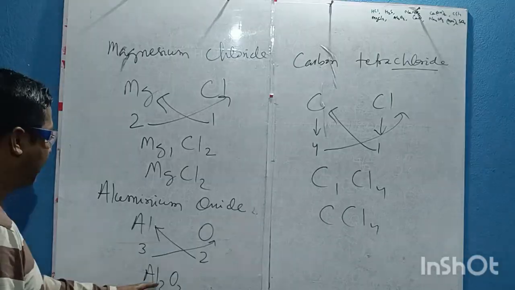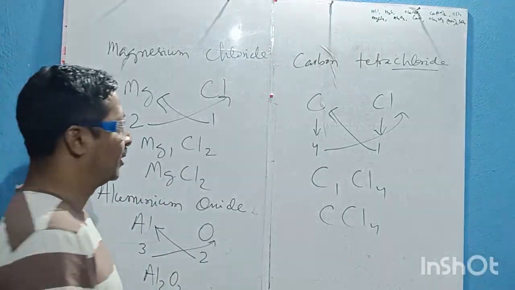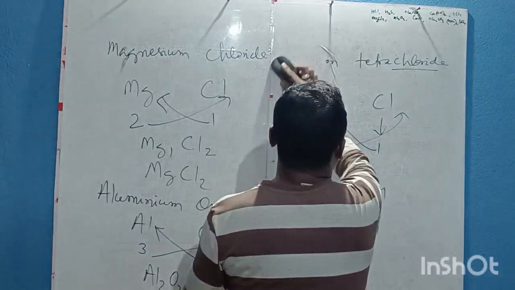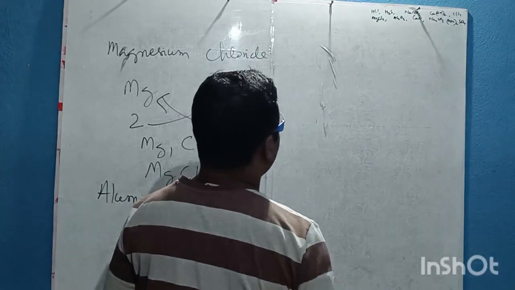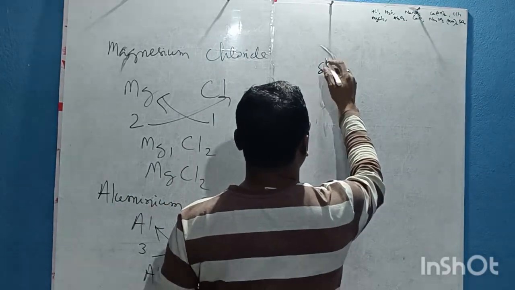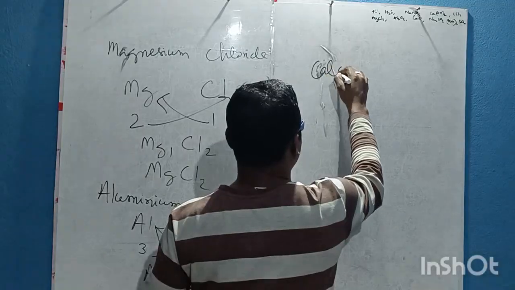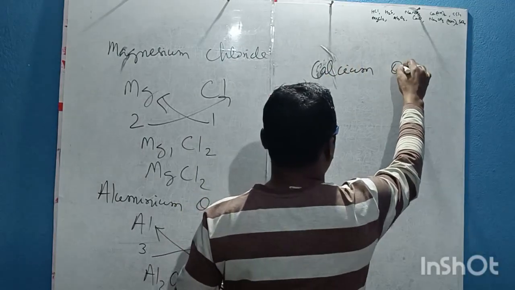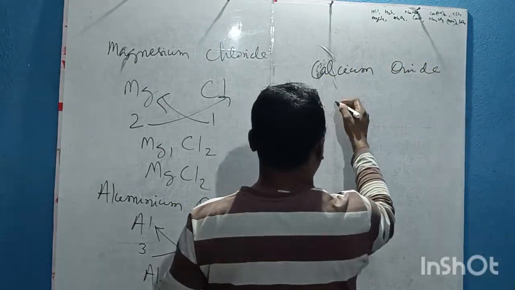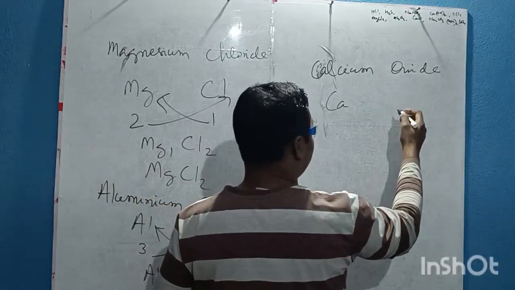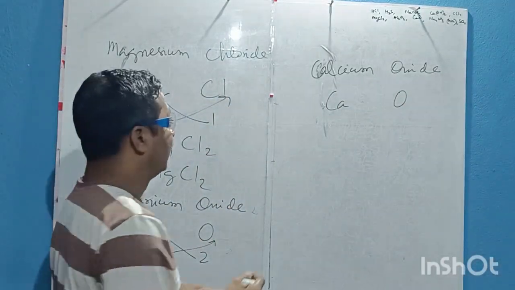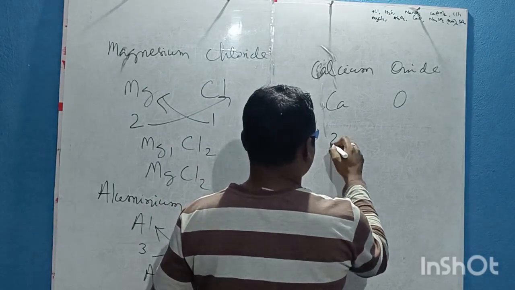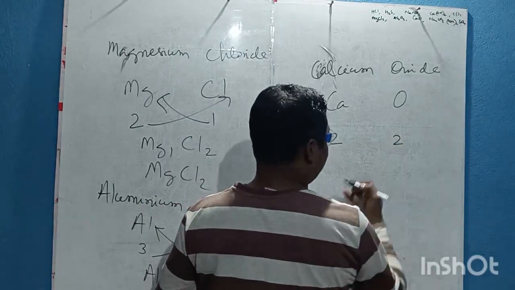To know these 2 and 3, you have to memorize, no other way is there. Now come to the next example. Calcium oxide. For calcium I am writing Ca, and for oxygen I am writing O. Calcium has valency 2 and oxygen valency 2.